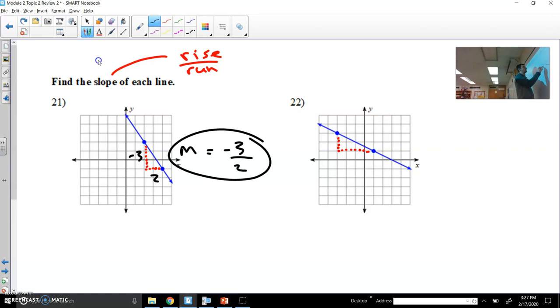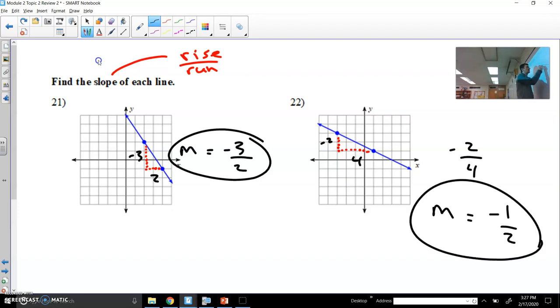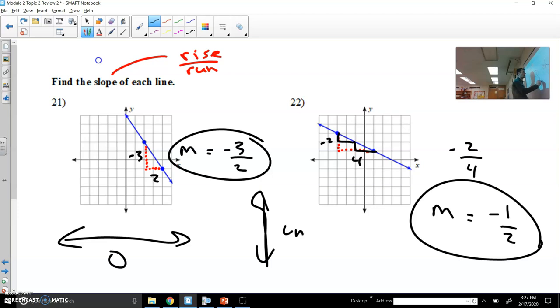This one seems to be going down 2 and over 4, and so that would simplify to negative 1/2. And you can really see that down 1 over 2, down 1 over 2 when you analyze each particular graph. Remember that horizontal is 0 slope, and that a vertical line would have an undefined slope.